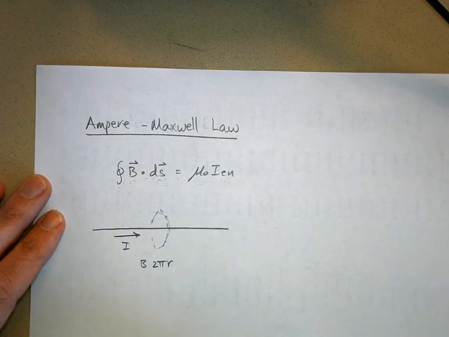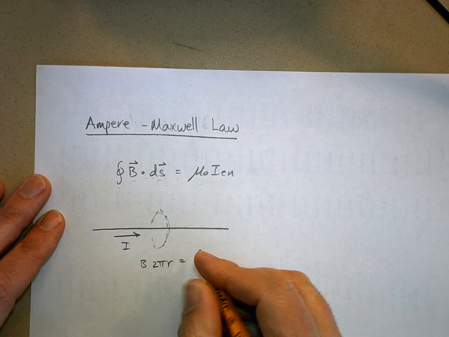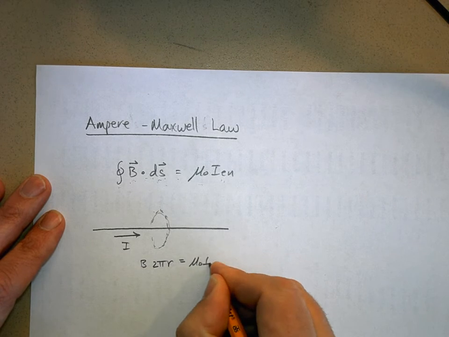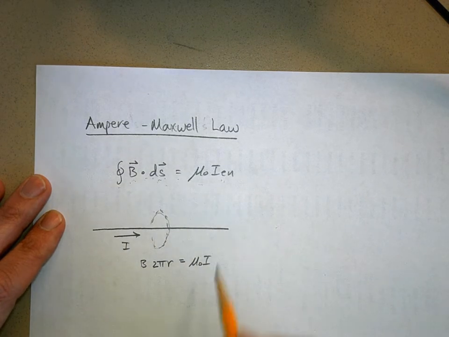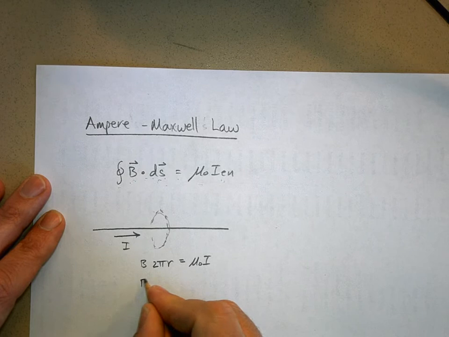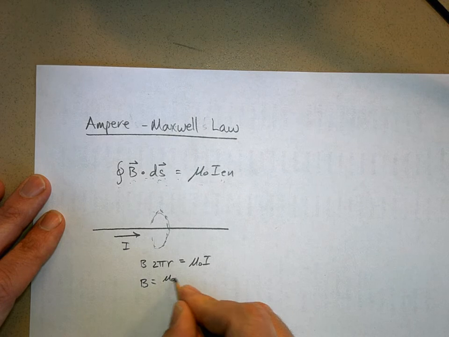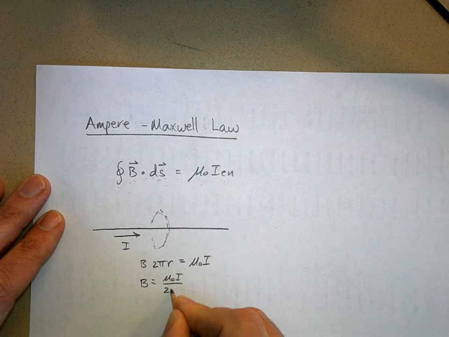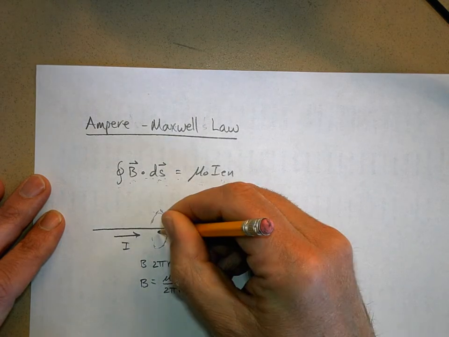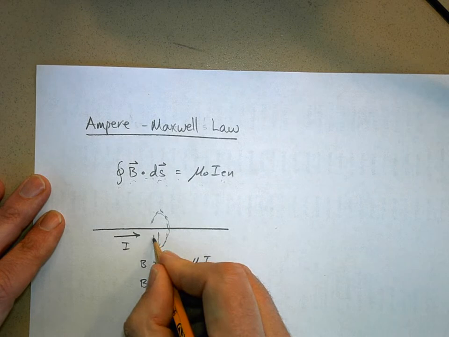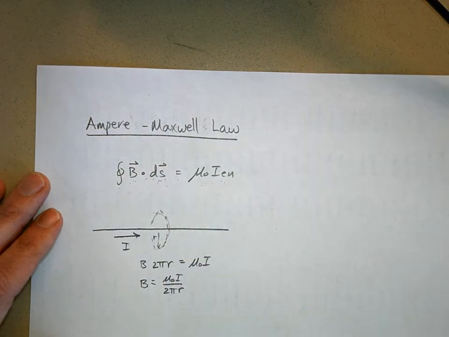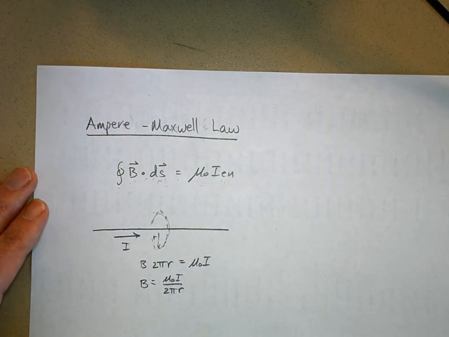Then you get mu naught I, because I is the current enclosed, and so the magnetic field is mu naught I over 2 pi r, where r is the distance from the wire, the radius coming out of there.